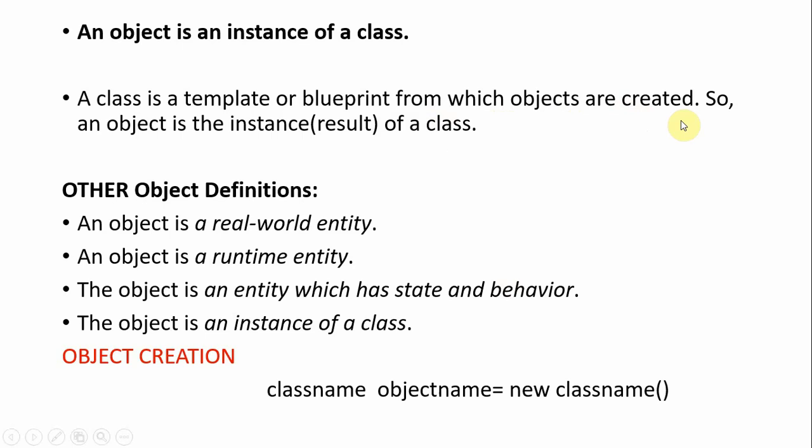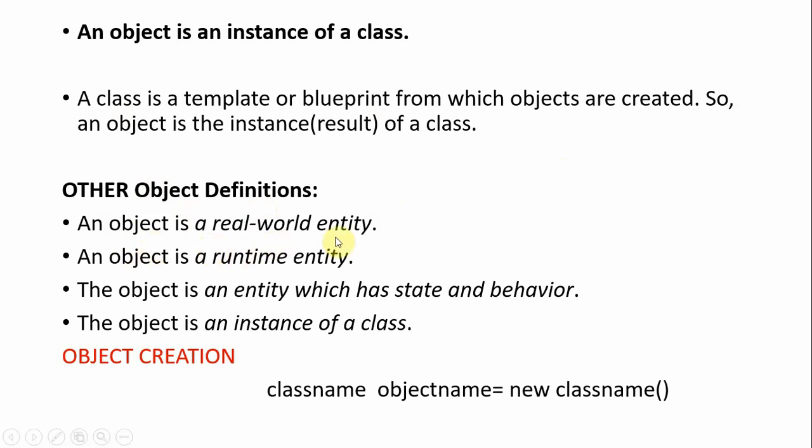A class is like a bulk thing, and we access that class with the help of an object. That's why an object is an instance of a class. In the same way, a class is a collection of objects. There are other definitions of object also available. Object is a real world entity.